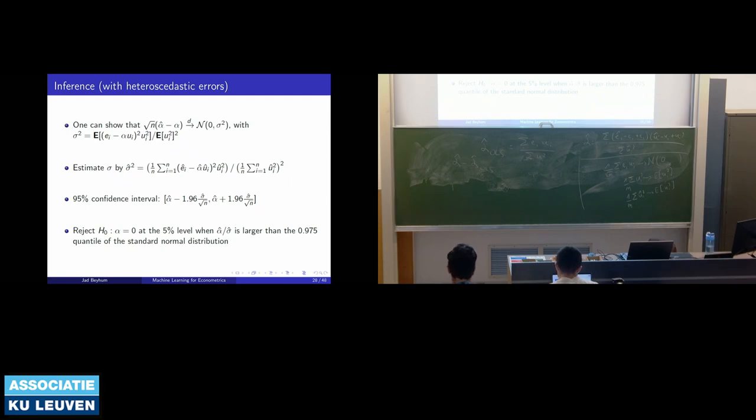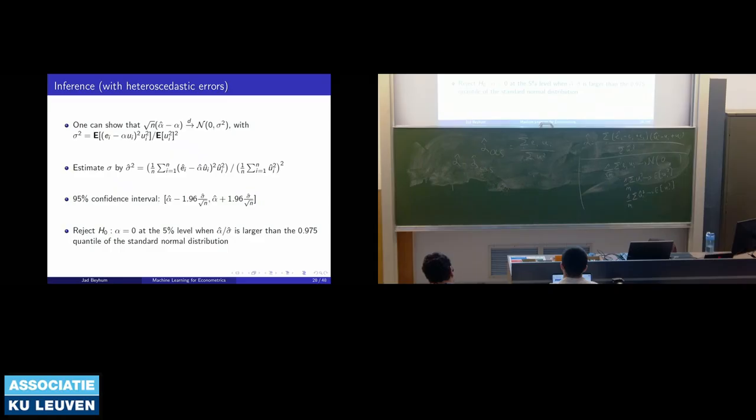To estimate it, you can replace the expectations, which are averages over the whole population, by an average over your sample. That's what we do here. And you don't observe E_i, alpha or U_i, but you can replace them all by the estimators.